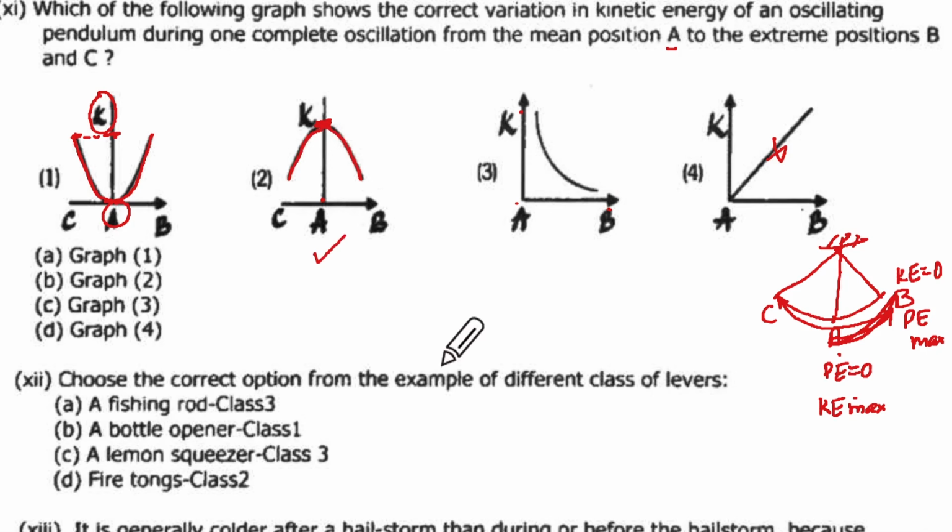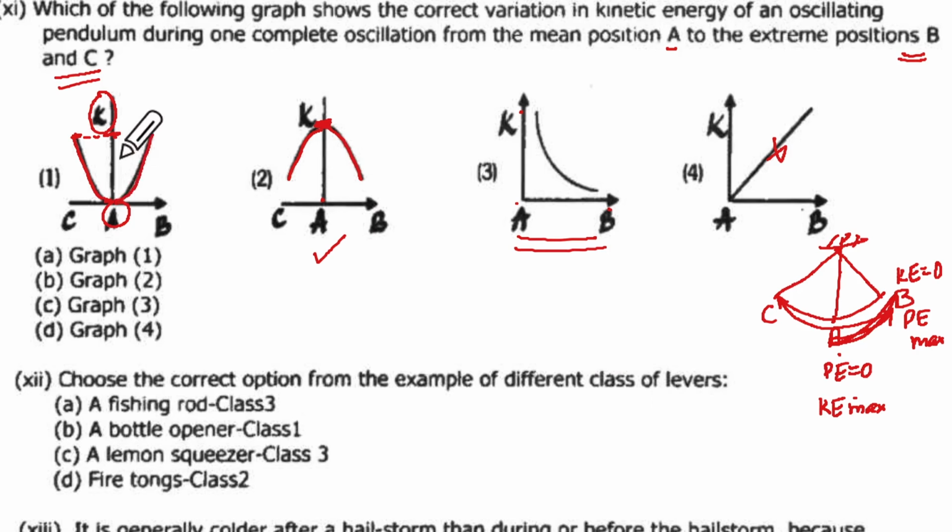So this will be the correct one. This is only from A to B, no? They are saying from mean position A to extreme position B as well as C. So here it is going only from A to B, right? Understanding? So this will be the correct option.